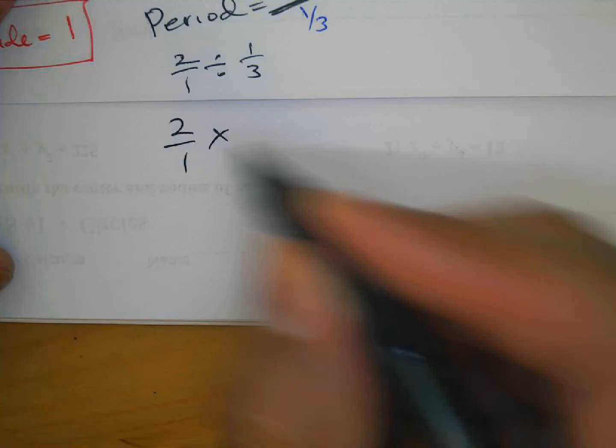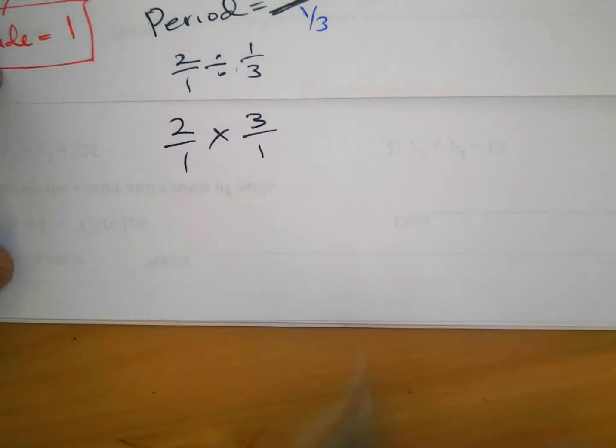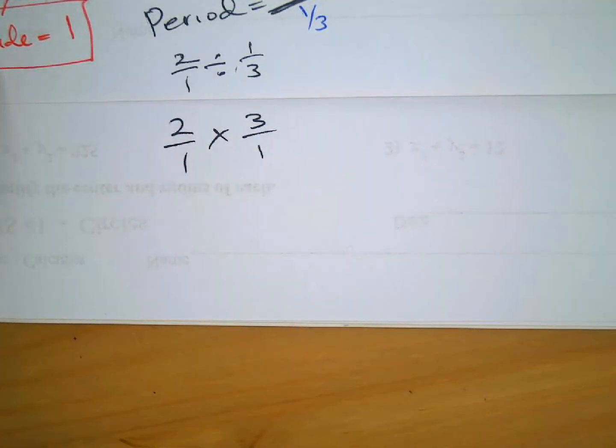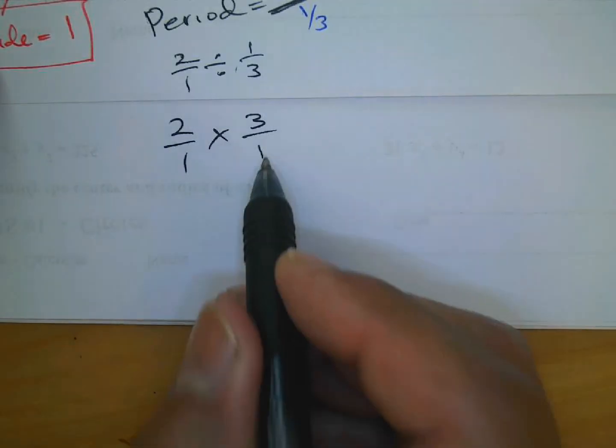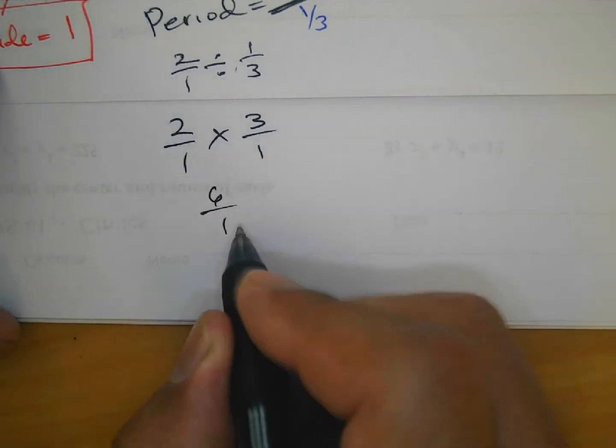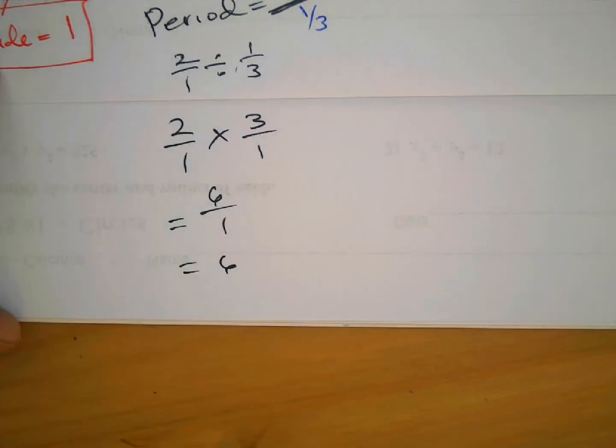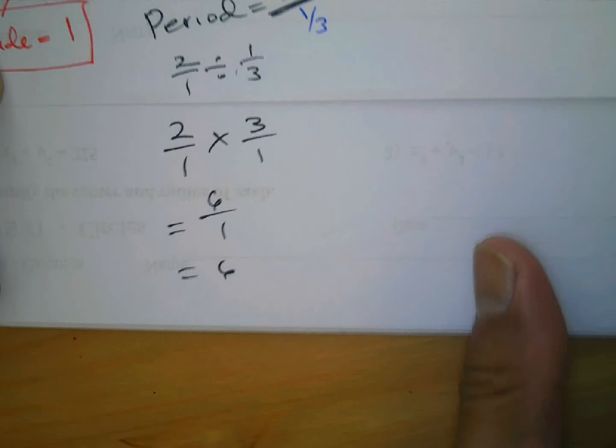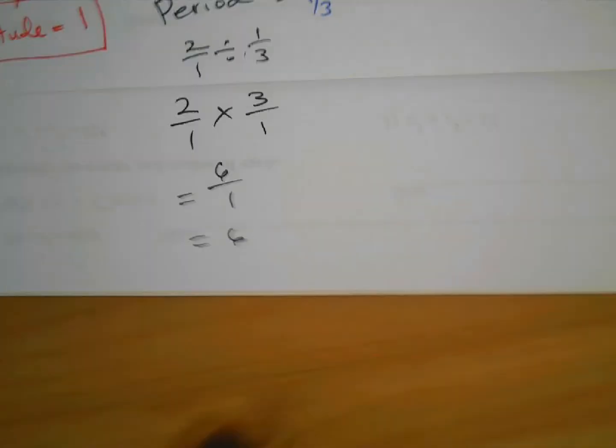And then this changes to a multiplication and you do the reciprocal of this one. Remember that? So really you're going to get 2 over 1 times 3 over 1. That's 6 over 1. That means that you get 6. Okay, so that's for this one.